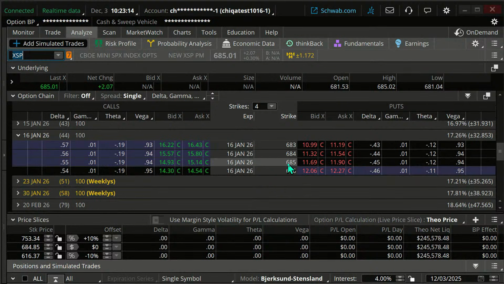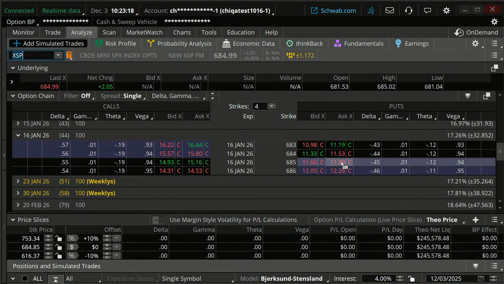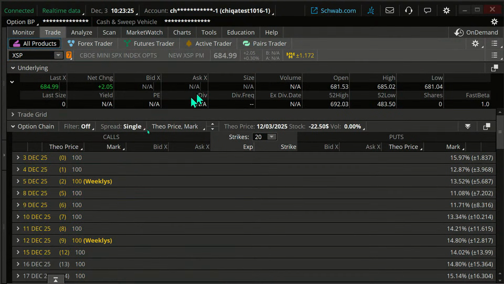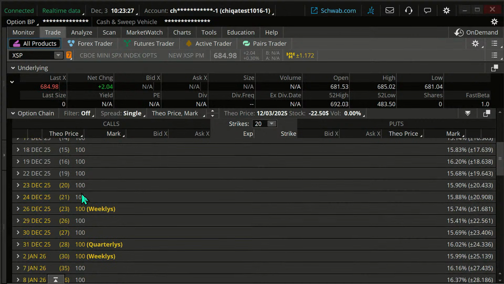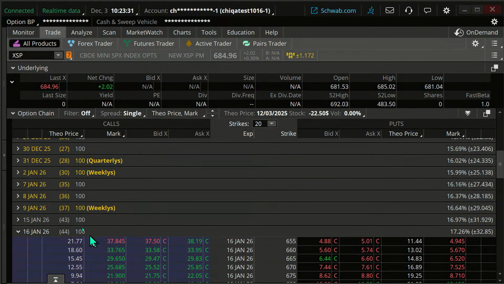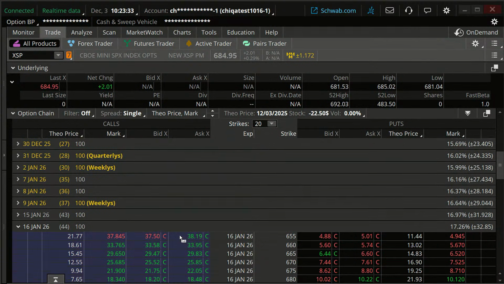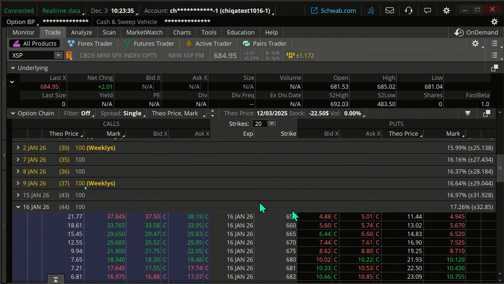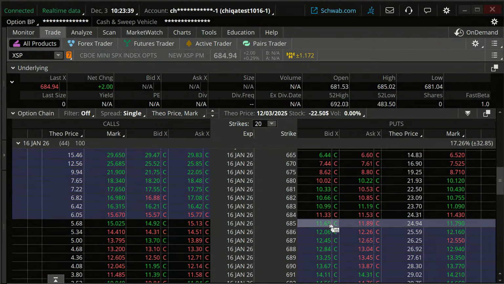Actually, let me do this here and just show you this way. Here's XSP. We're going to January 16th, I think, is what we said. There's nothing special about January 16th. You could do one of the others. A lot of expiration dates with these index options.